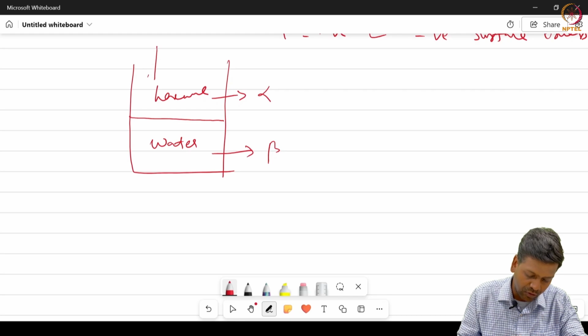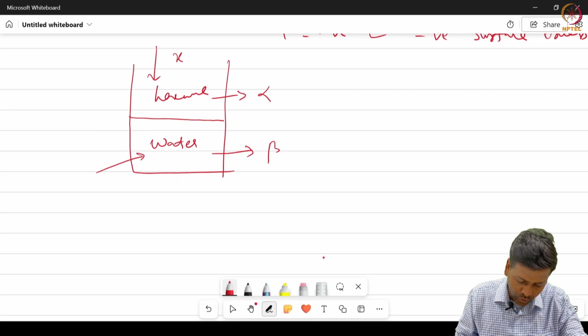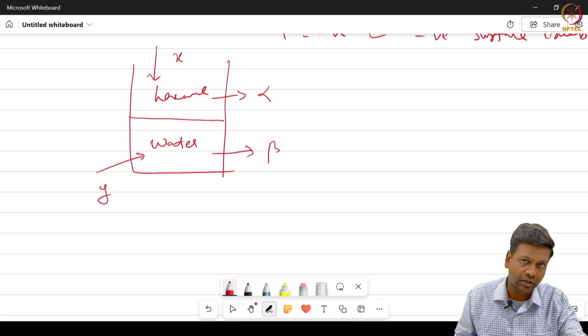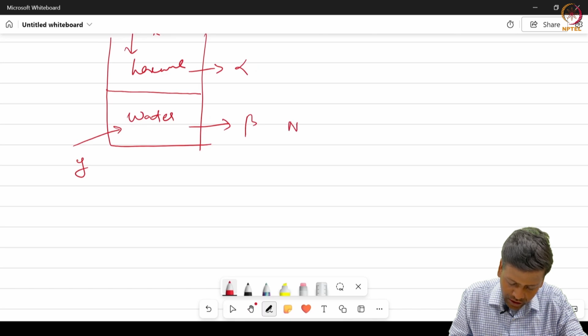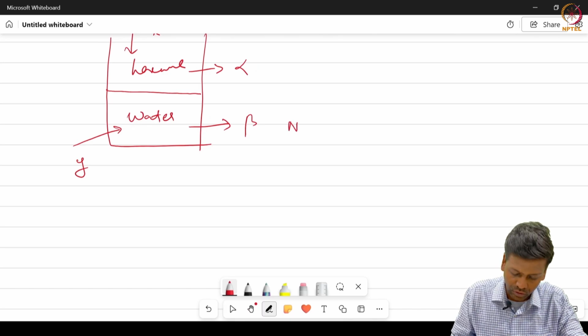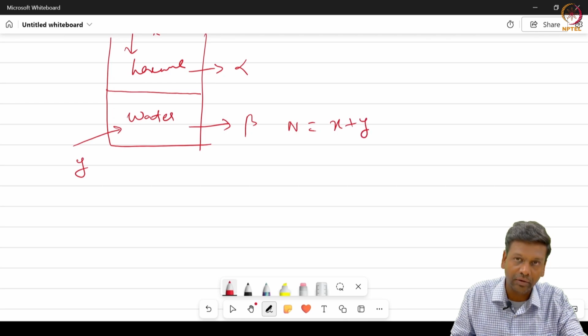Let us say I am now adding some x amount of surfactant type A and adding y amount of surfactant type B. Now, you might wonder what is going to be my total number of the surfactants that are present in the solution. That is nothing but x plus y, right.